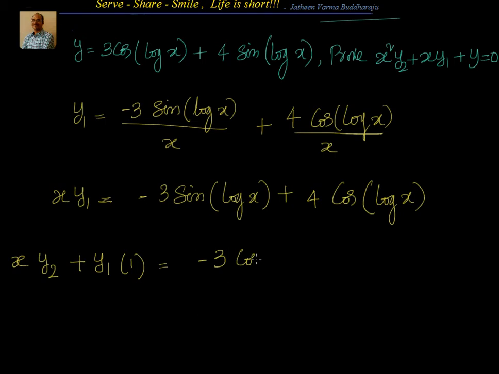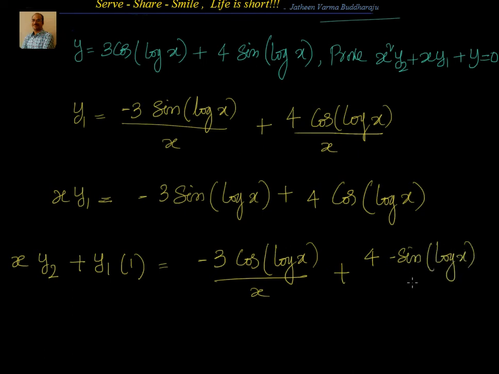equal to minus 3, the derivative of sin log x is cos of log x by x, plus 4 into the derivative of cos log x, which is minus of sin log x, and the derivative of log x is 1 by x.